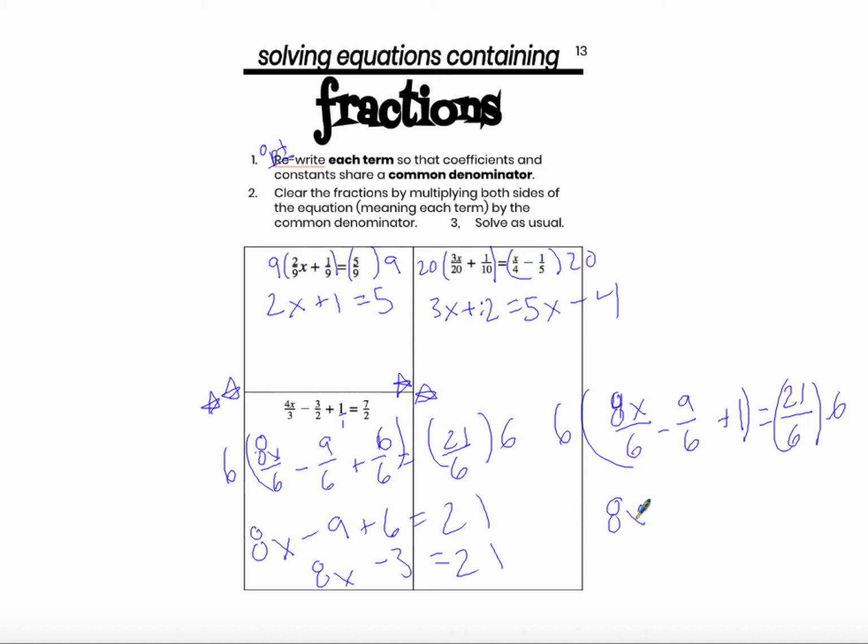You are crossing out denominator, denominator, and then you have to remember to multiply 6 times 1. So that is an option. If you have a hard time writing a whole number as a fraction with a common denominator, you can keep it as that whole number and then just remember to multiply it by that common denominator. So in this case, 1 times 6, and you see that you get the same next step.